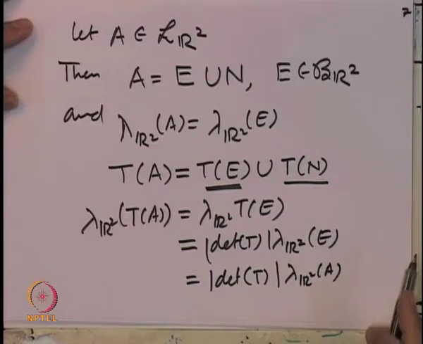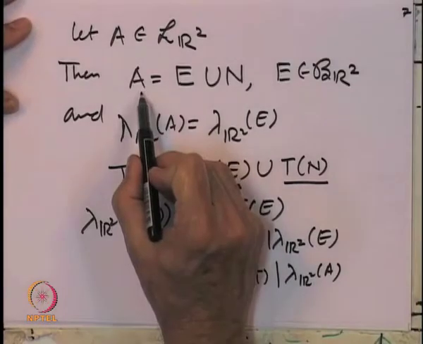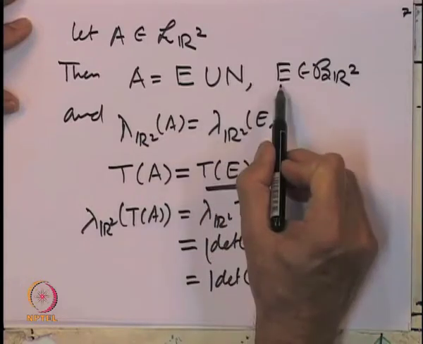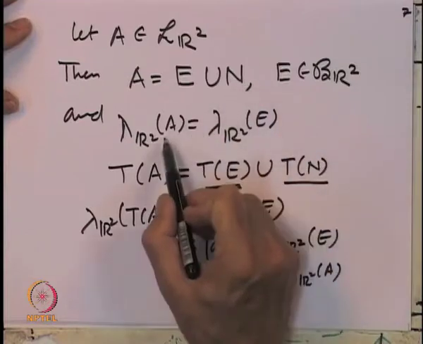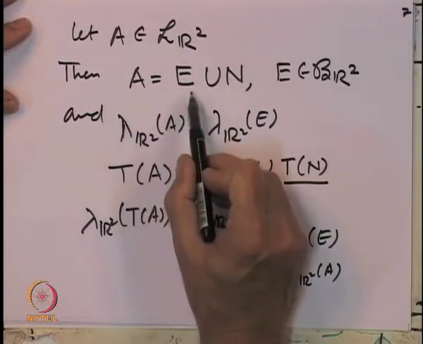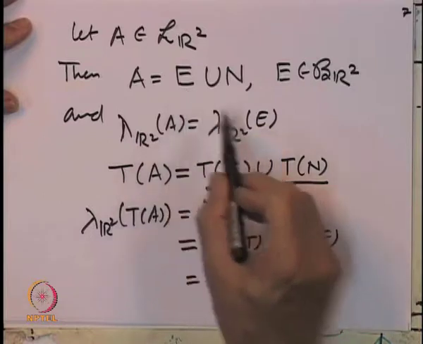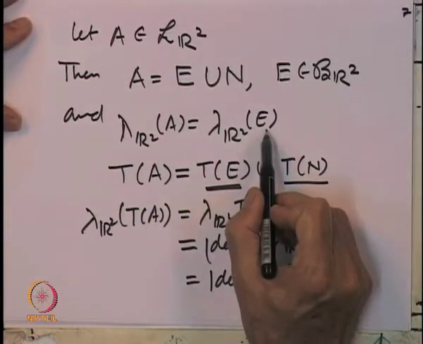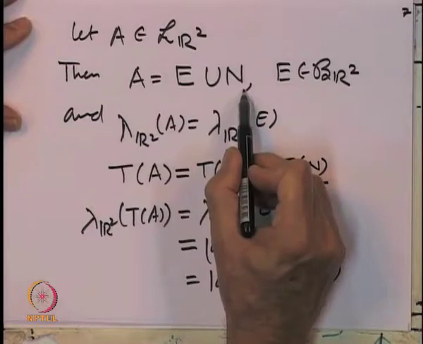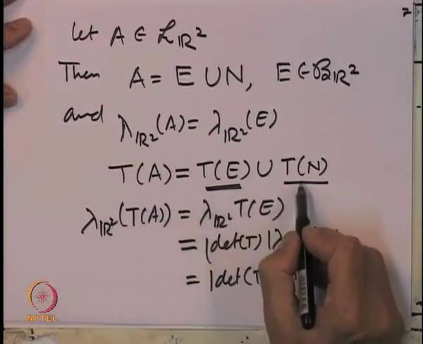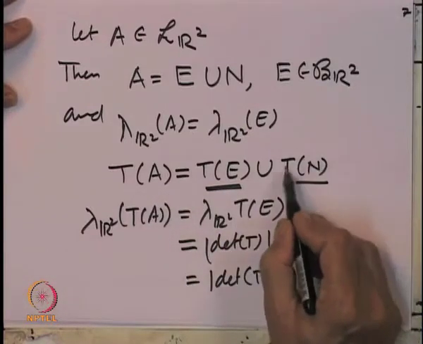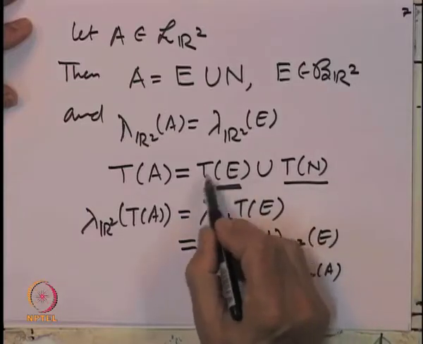So, we have used the fact that if A is a Lebesgue measurable set, then A can be written as E union N, where E is a Borel set and N is a null set. That means, the Lebesgue measure of R 2 of the set A is the same as the Lebesgue measure of the Borel component of it, that is R 2 of E. So, now if I apply transformation T to it and say T is non singular, then T of A will be equal to T of E union T of N, and just now we observed that T of N is a null set and T of E is a Borel set.